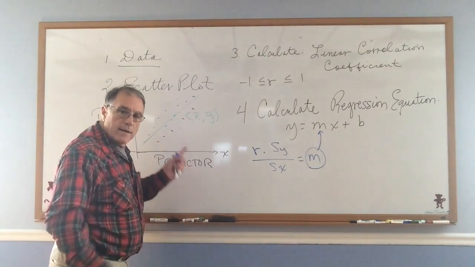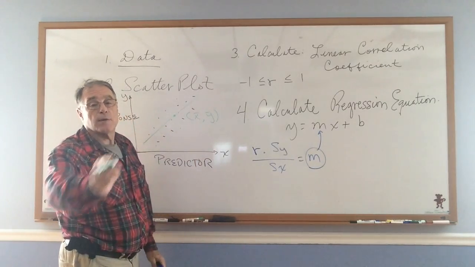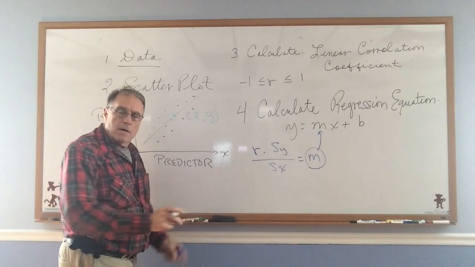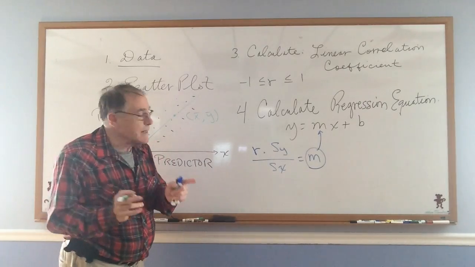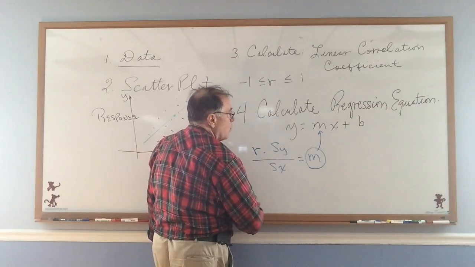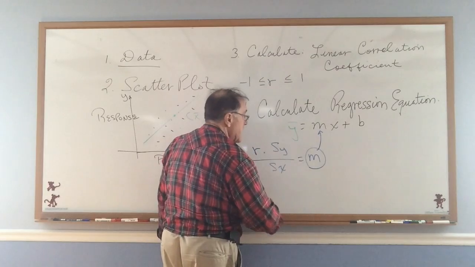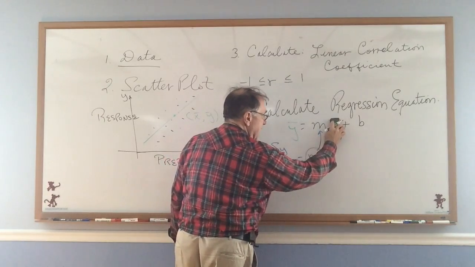So the point x mean, comma, y mean is on every regression line. So knowing that fact, I can replace y with y bar and x with x bar.